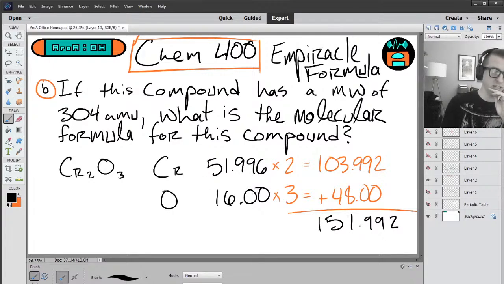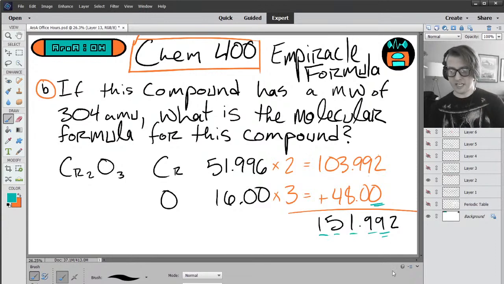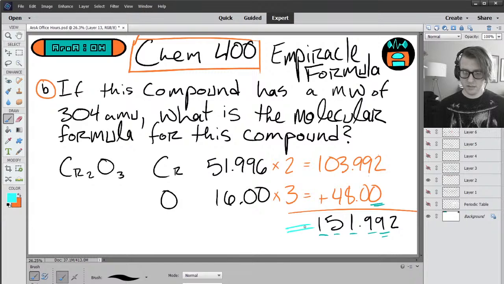Now, sig figs wise, we're limited, because we're doing addition, to the second decimal place. So this number only has 5 significant digits, and this is our empirical weight.